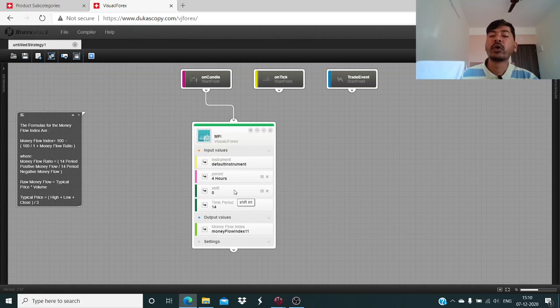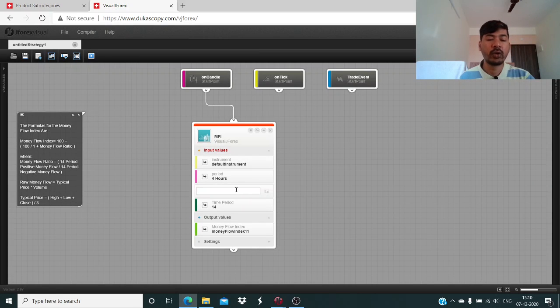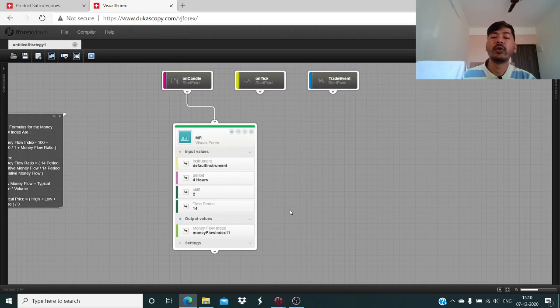If you want to go back in time by 4 candles of 4 hours each, then all you have to do is write 4 instead of 0, and you will have the output value of this indicator for that period of time, and then you can do the comparison. For example, we will change it to say 2. When we change it to 2, we get the output value 2 four-hourly candlesticks back.